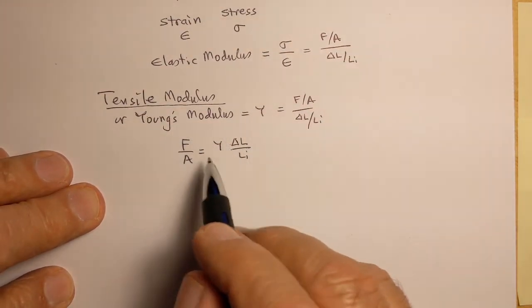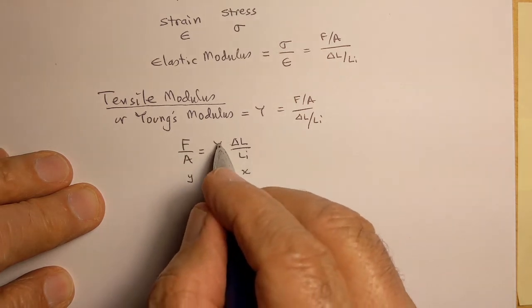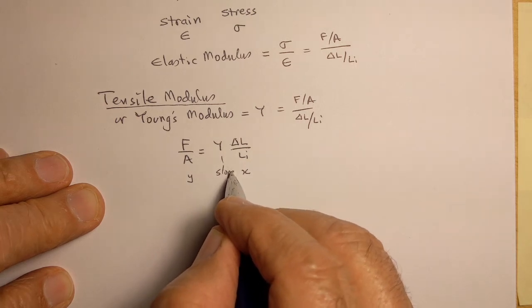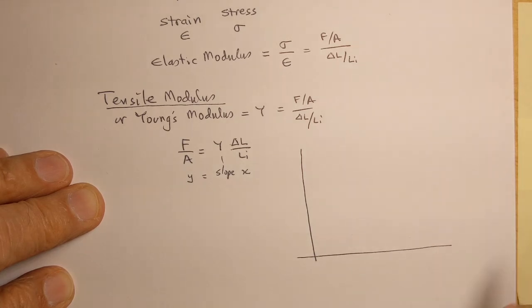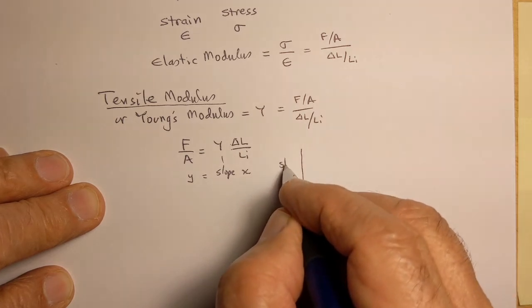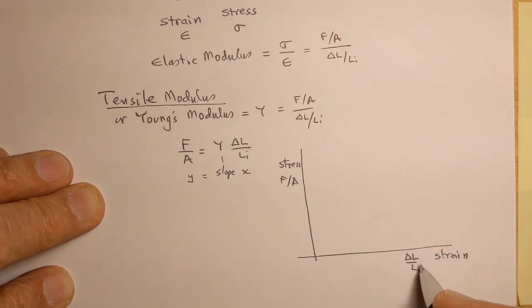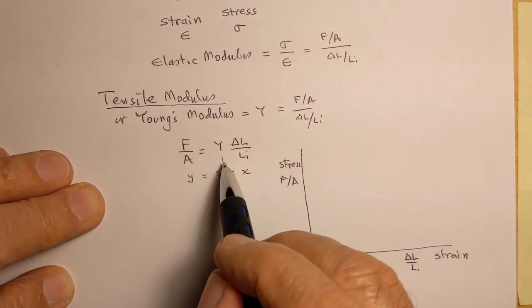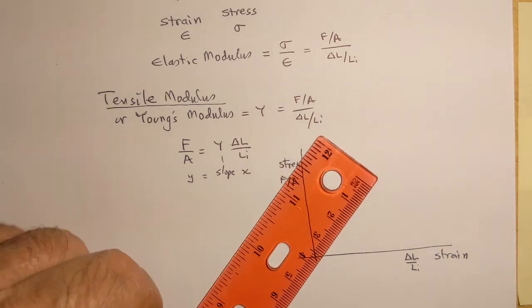Now, if we plot this graph, this would be on the y-axis, and this would be on the x-axis, and this would be the slope. So we get a curve like this. This is the strain, and this is the stress, F over A. This is delta L over Li, and because it's an equation of a straight line, we have a straight line here.